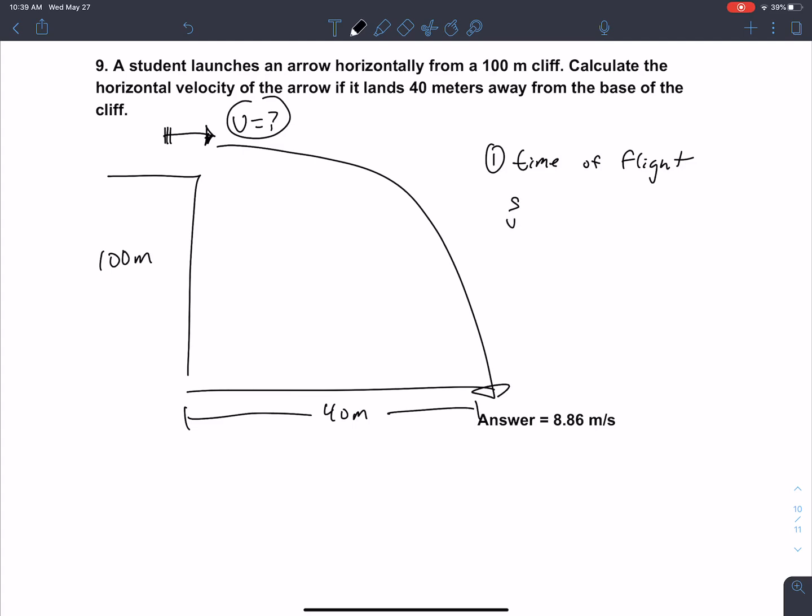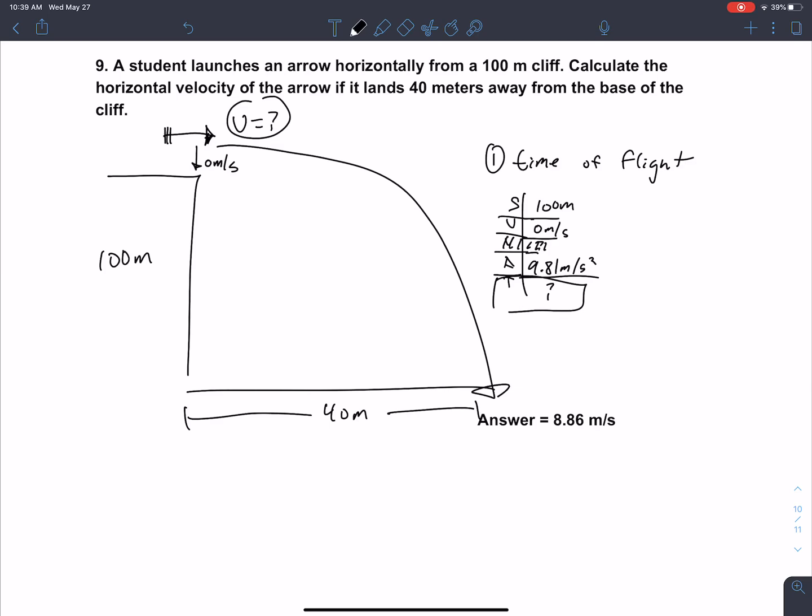If I make my SUVAT table, S is 100 meters. U is 0 meters per second. That arrow has 0 meters per second in the downward direction. It's all a constant velocity in the horizontal direction. V, we don't know, but that's not what the question is asking for. My acceleration is 9.81 meters per second squared. And T is what we're trying to find.